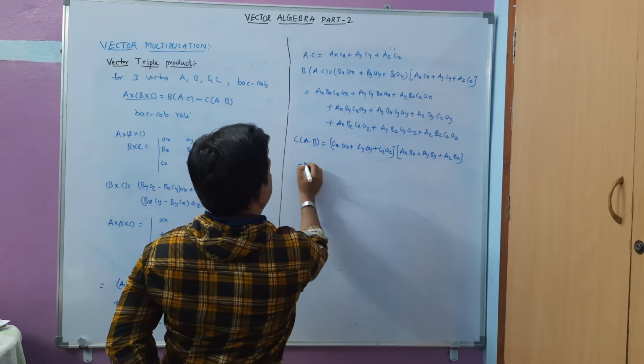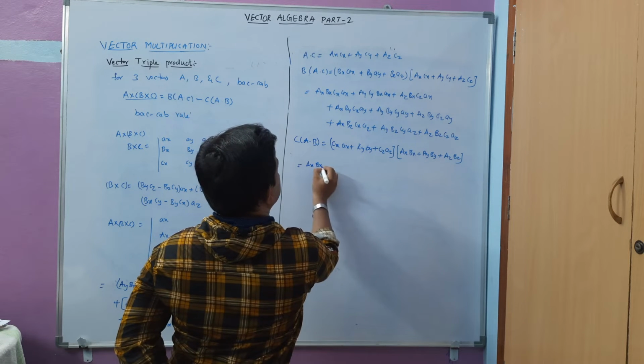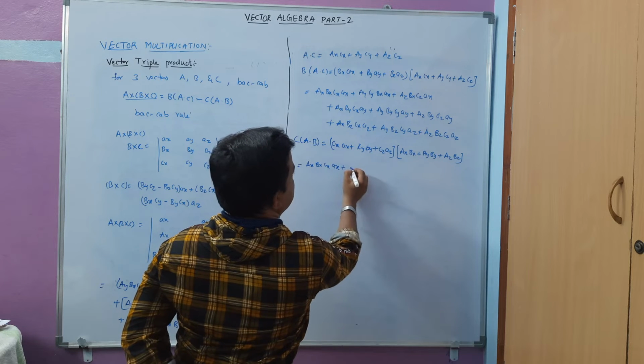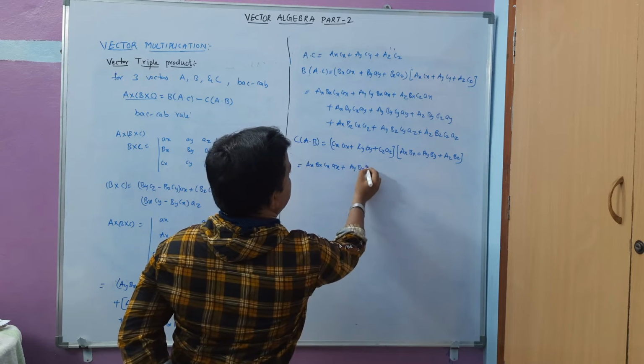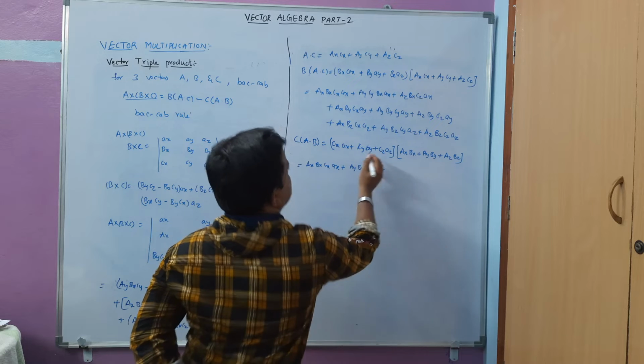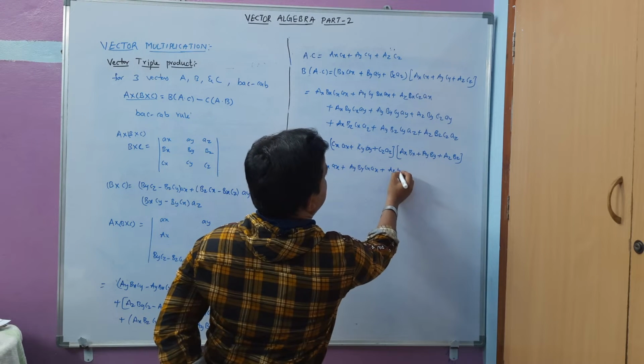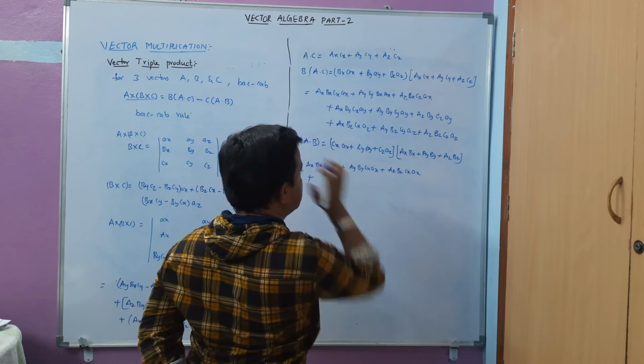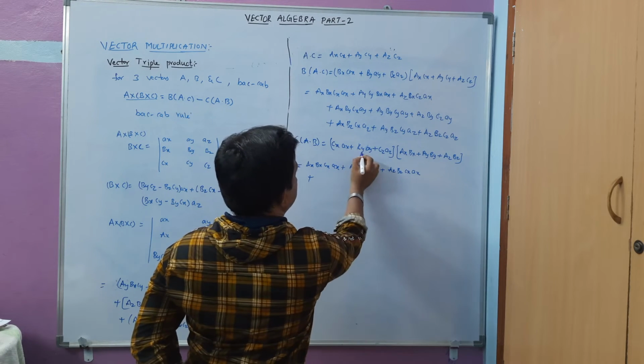Okay, AX BX CX into AX next plus AY BY into CX into AX plus AZ BZ into CX into AX plus next these into these three.